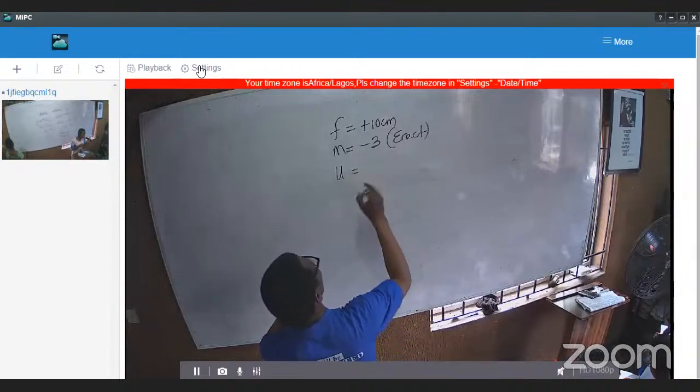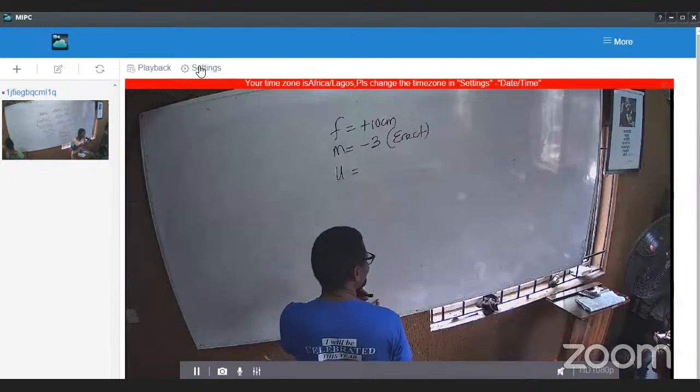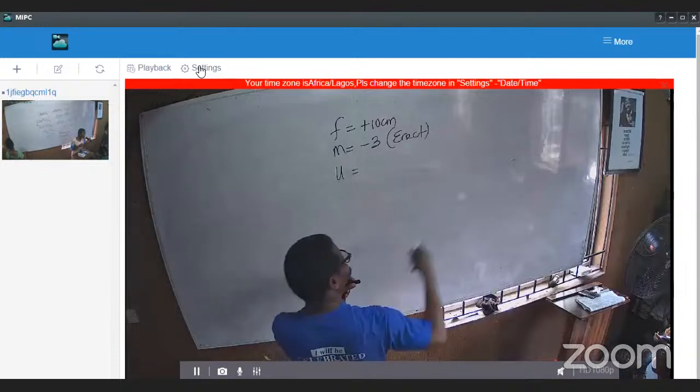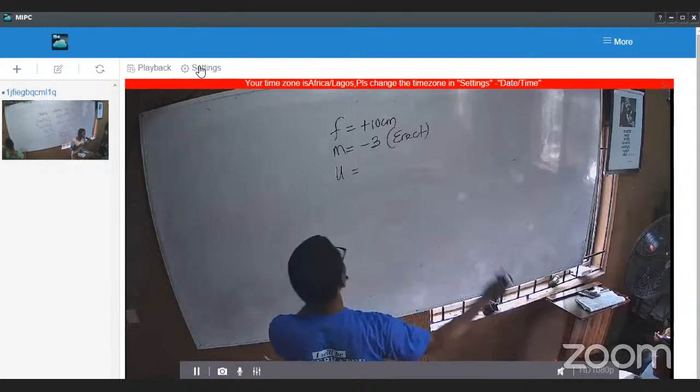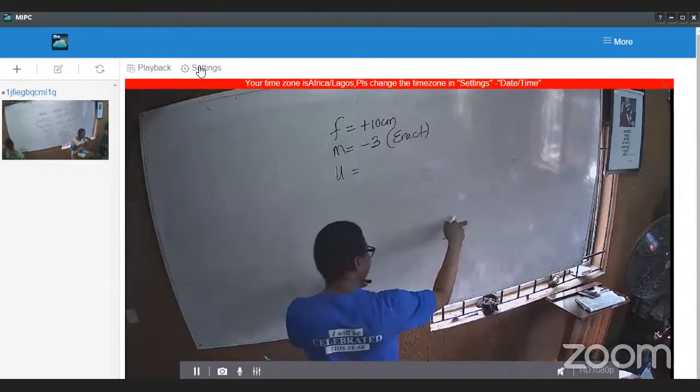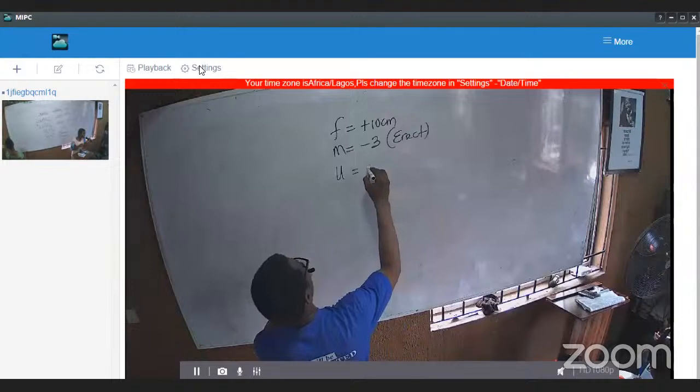They didn't say find U. Some of you find U and you stop. It is between the object and the image, not between the object and the lens. Use U equals F times 1 plus 1 over M. What's your F? 10. 1 plus 1 over minus 3, that'll be 10 times 1 minus 1/3, which is 10 times 2/3, that'll be 20 over 3, 6.67.